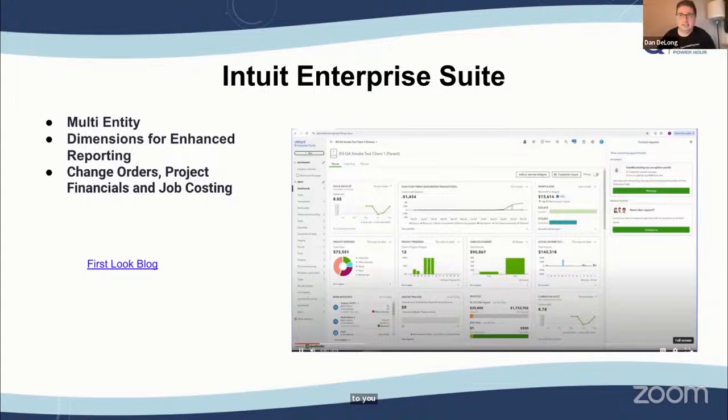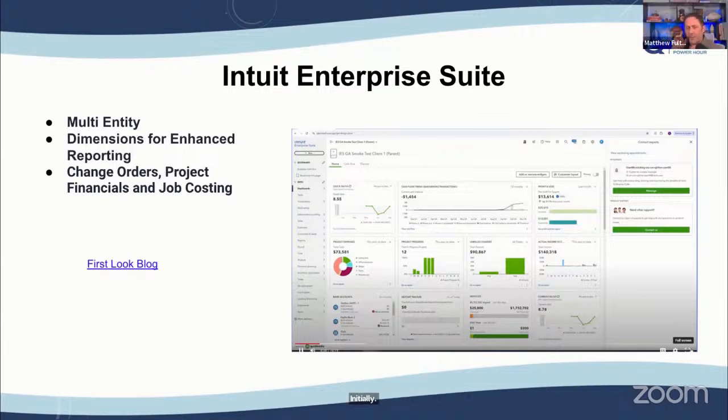Okay, well, maybe we can consolidate those and do some multi-dimensional reporting and do froms with the multi entities. That is a big time saver for those people, and I think those are their target market, at least initially.